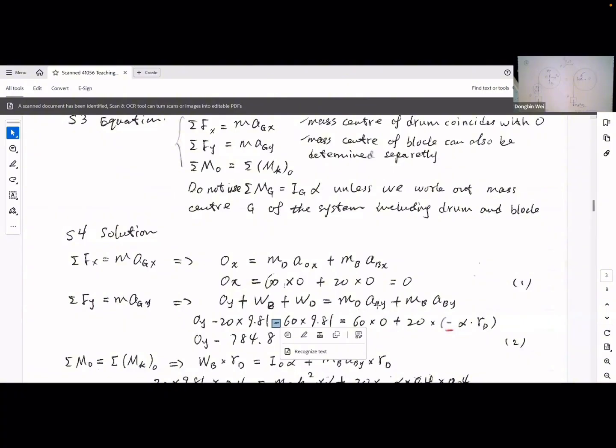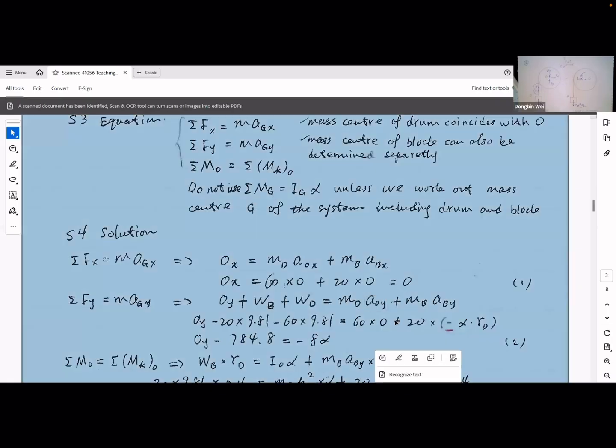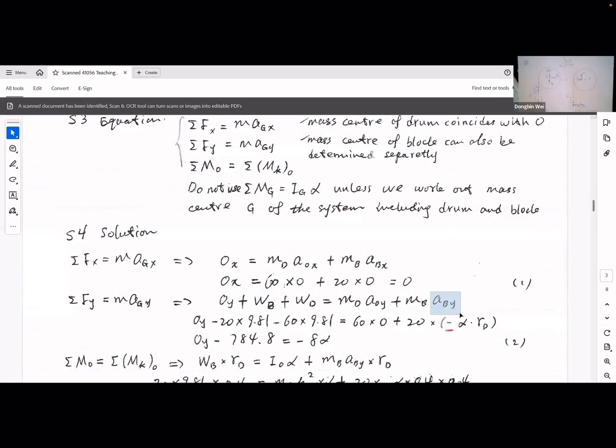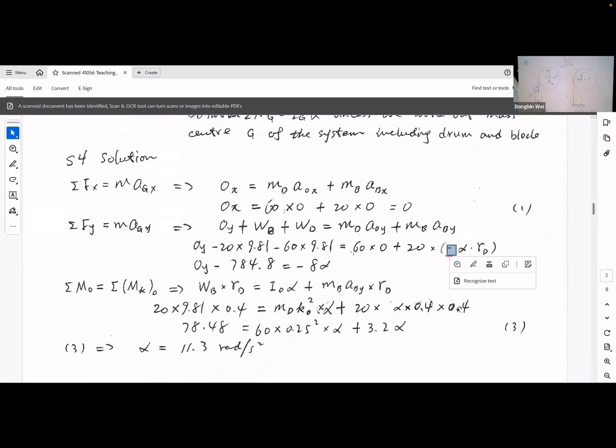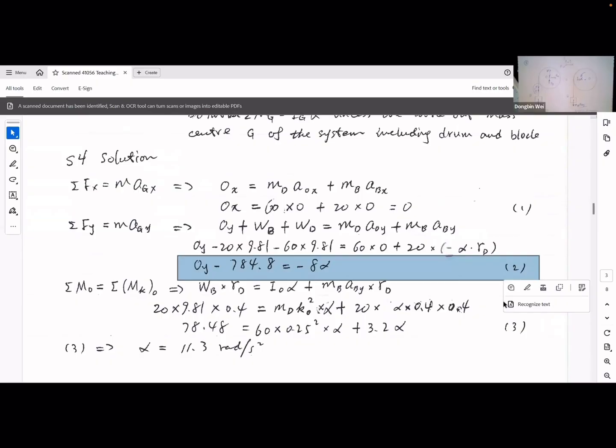And on the right side, AOY should be 0, but ABY can be expressed using alpha and RD. Again, before ABY, you should have a negative sign because you already know in the diagram it's downward, negative. So we can work out our second equation.